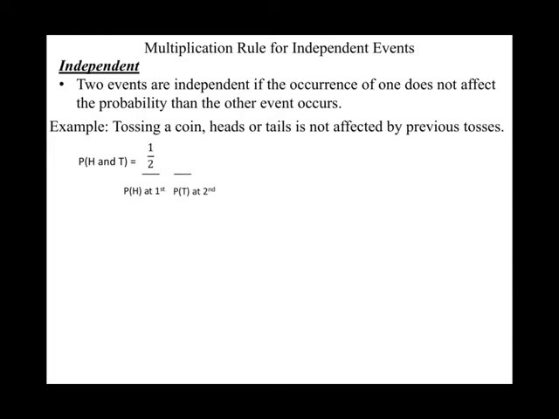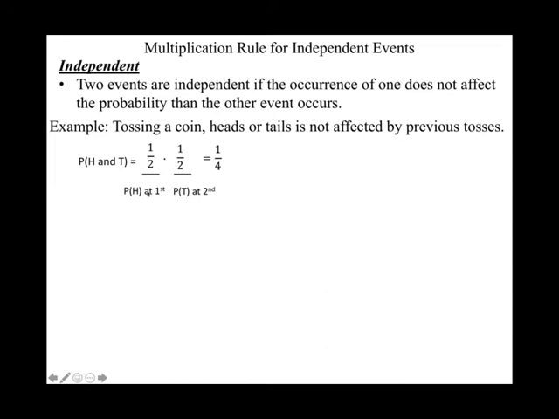And then the second time, when I flip the coin, I want to get the tail. So what is the probability of getting the tail? Again, there are two outcomes, head or tail, and you only have one tail. So it's going to be times 1/2. This is an independent events example, because for the second flip, the probability of the tail is going to be 1/2 no matter what you get on the first flip.